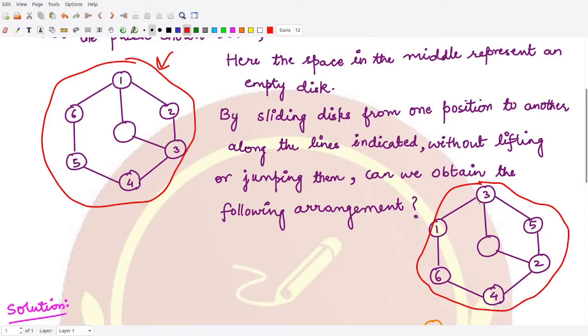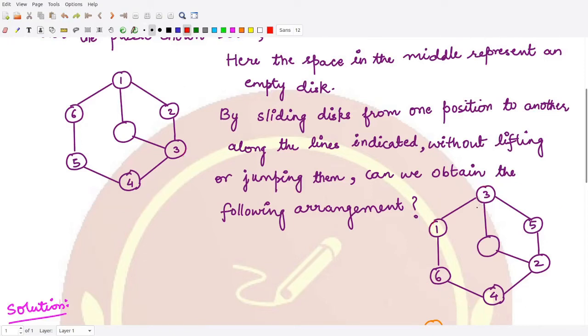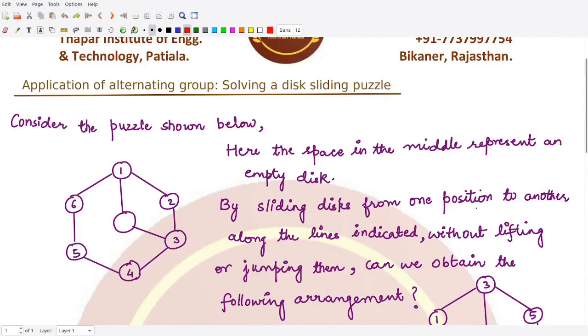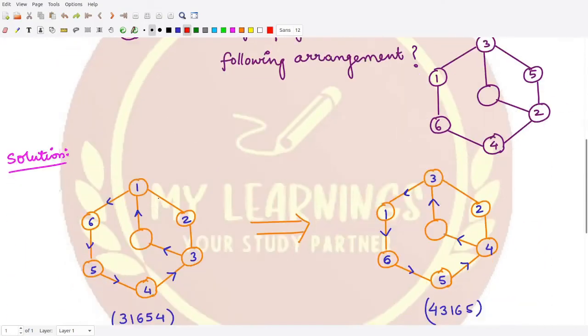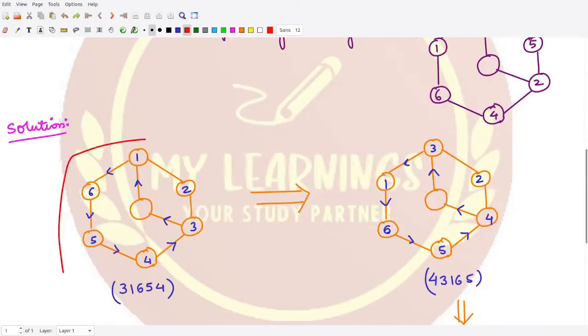Okay, now I hope you have reached the correct answer. If not, let's proceed further and see the answer. Let's start with this figure here. What we can do is shift this 3 to the empty space so that it could further be moved, and then we shift this 4 to the place of 3, 5 to the place of 4, 6 to the place of 5, and 1 to the place of 6.